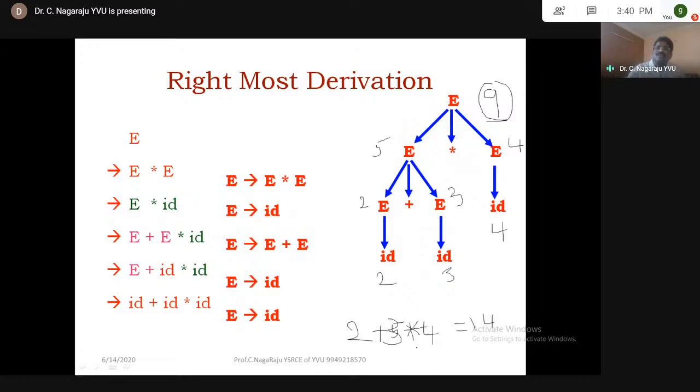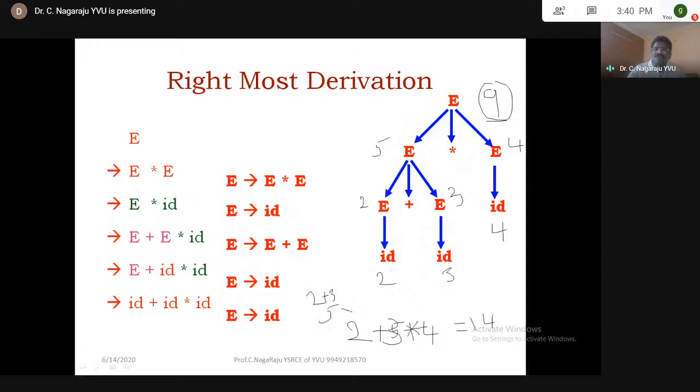But when we evaluate from right to left, 2 plus 3 we perform first: 2 plus 3 is equal to 5.